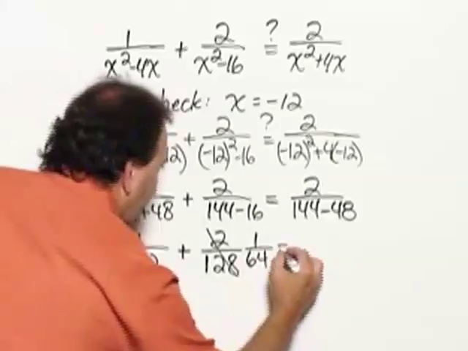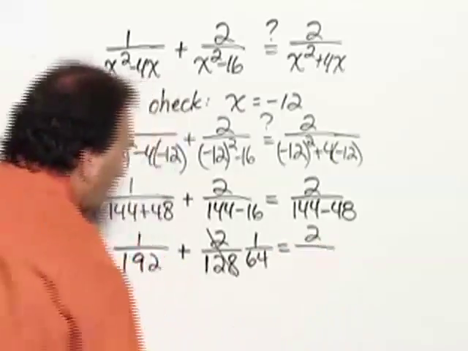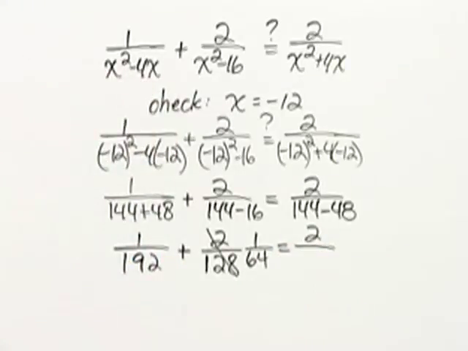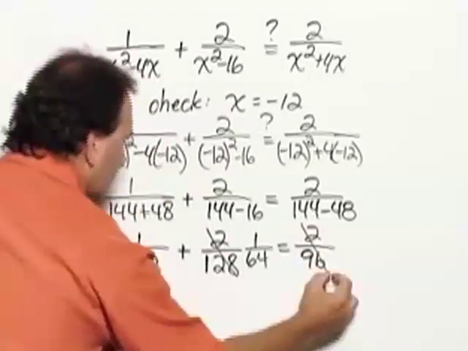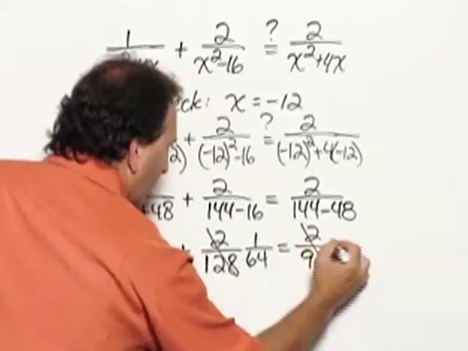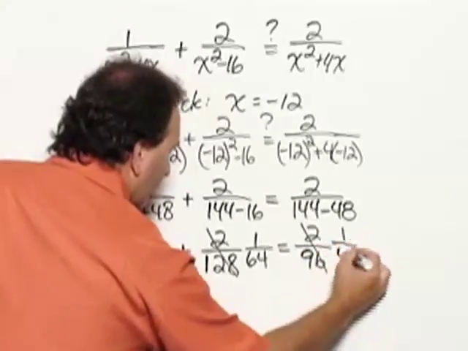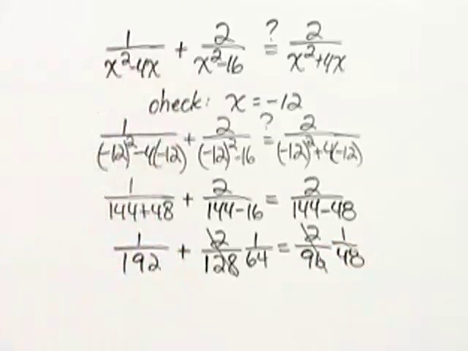On the right-hand side, we have 2 over 144 minus 48, which is 96. And let's notice that that reduces to 1 over 48.